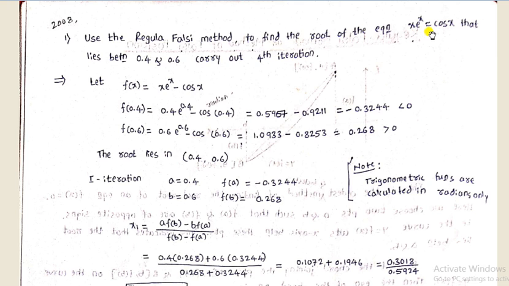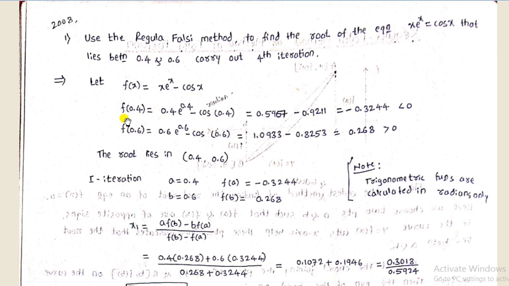So we express x e to the power x equals cos x as f of x equal to x e to the power x minus cos x. So in this problem they have given the values of a and b. So substitute 0.4 and 0.6 in this function. So one gives a negative value, another one is positive.